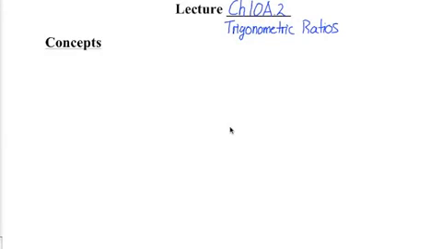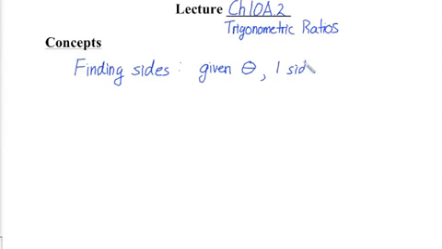3.2, which is a continuation of trigonometric ratios. In the previous section, we were interested in finding the sides of a right triangle. In this case, we were always given one of the other angles, we'll call it theta, and one side.